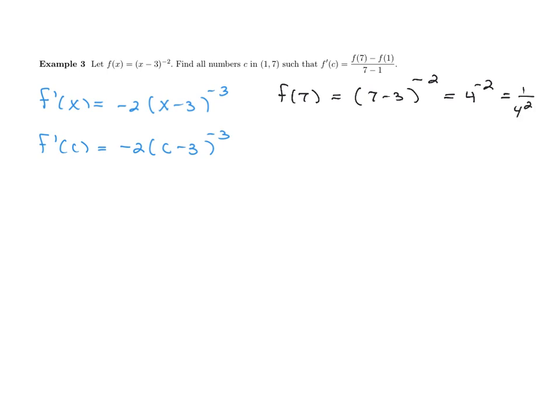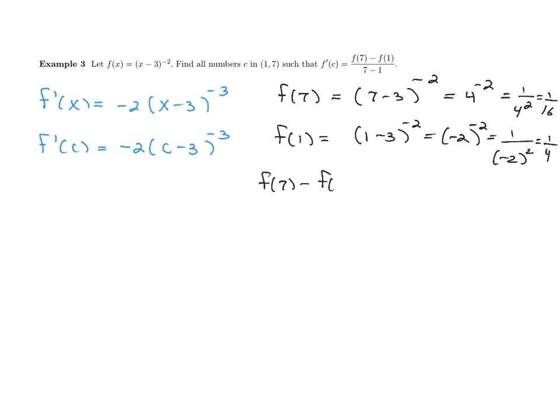The negative exponent becomes positive in the denominator, and that's a 16th. f of 1 is (1 minus 3) to the negative 2, which is negative 2 to the negative 2, which is 1 over negative 2 squared, and that's a 4th. So if we compute f of 7 minus f of 1 all over 7 minus 1, that's a 16th minus a 4th all over 6.